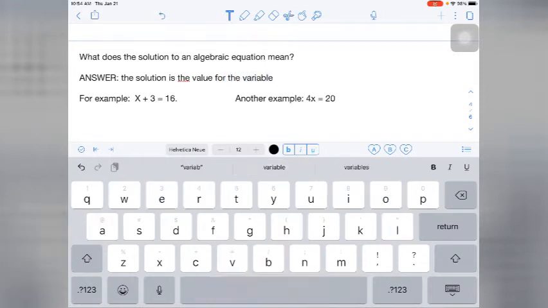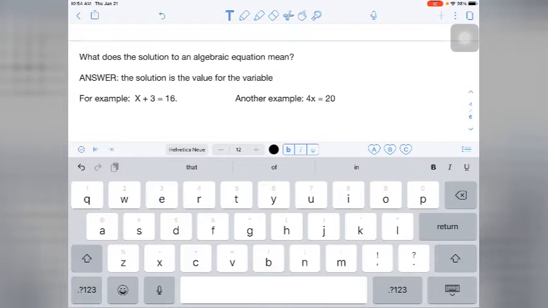So we're finding a value for the variable, but the specific value for the variable is the one that makes an equation a true statement.